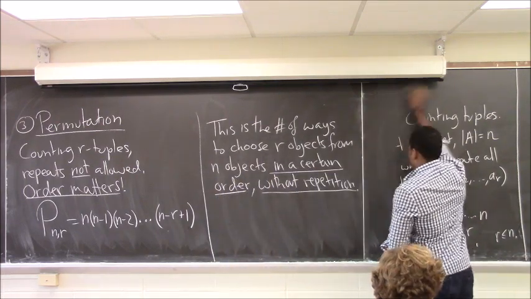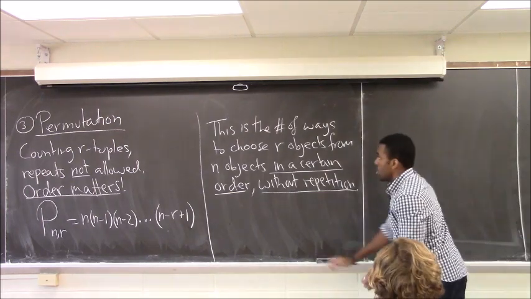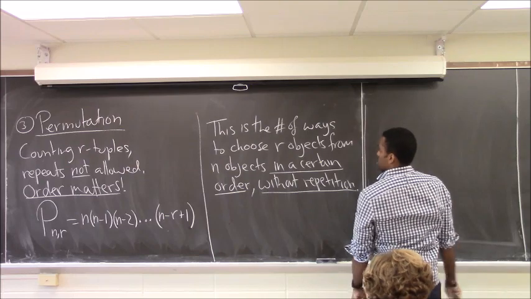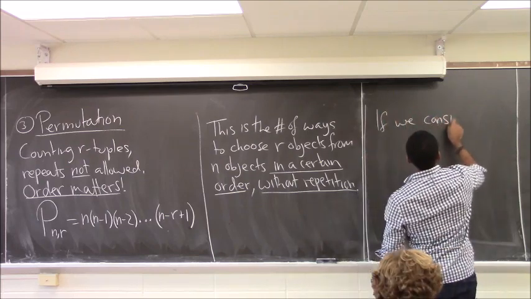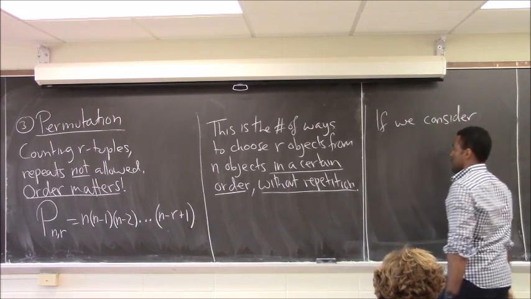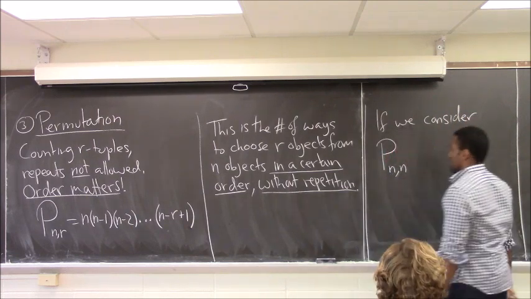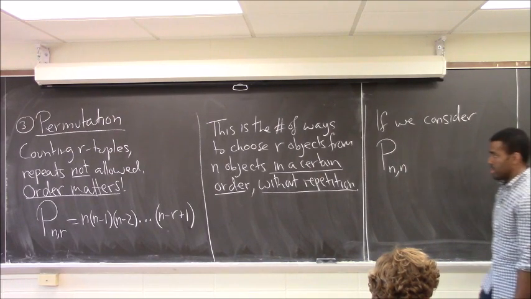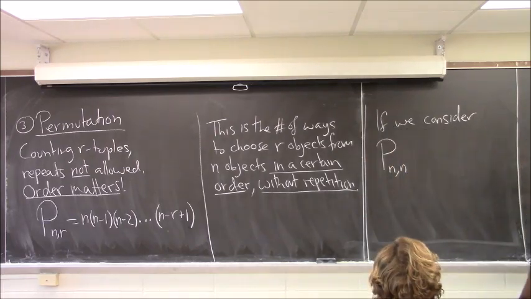And why was it called a permutation? So, if we consider P(n, n), right? So I want to make a tuple of size n from n objects, so I'm choosing all of them at some point, but I'm just picking things and putting them in a certain order.